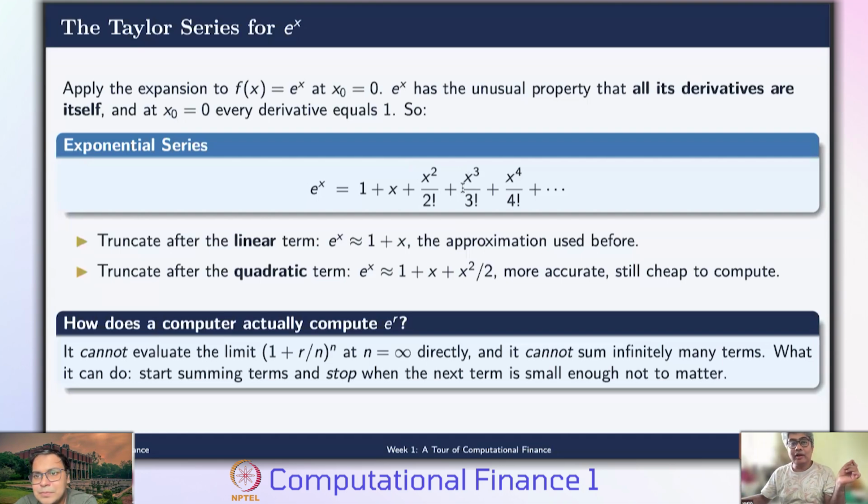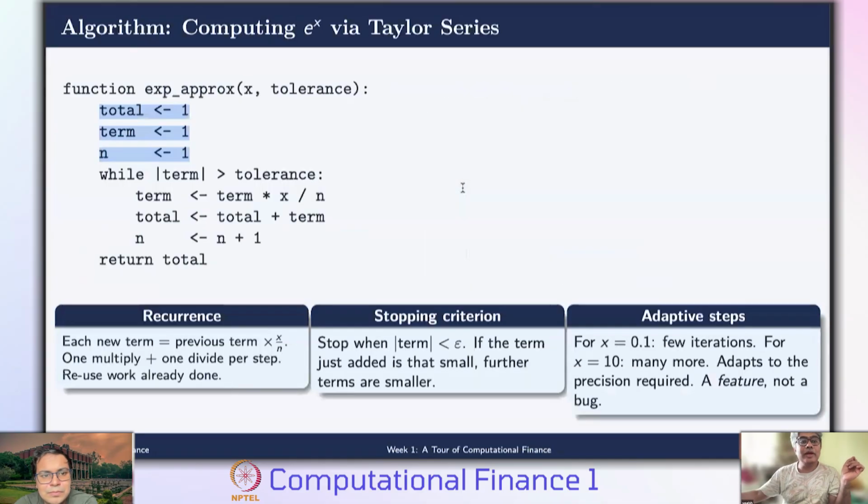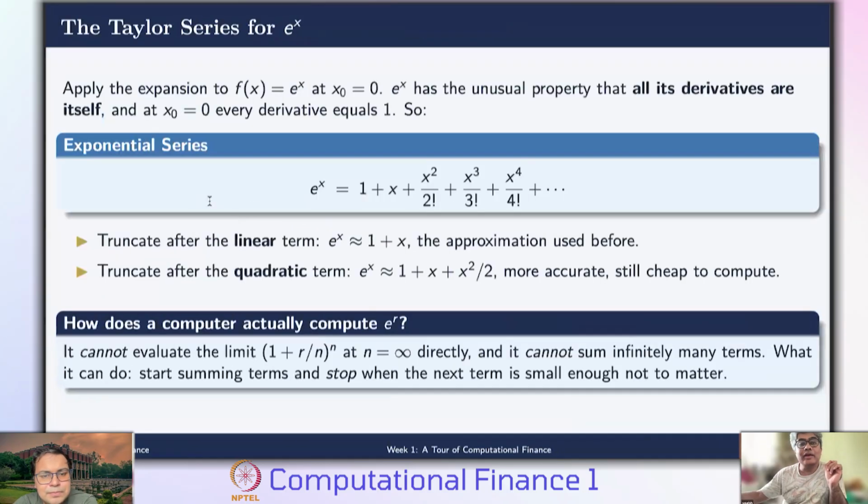So I have computed x square by 2, stored it in term, and multiplied with x by 3. I get my x cubed by 3 factorial. So this is the idea. And once you calculate the term, you just add it to the total. Again, you have 1, you add the calculated x to the 1.